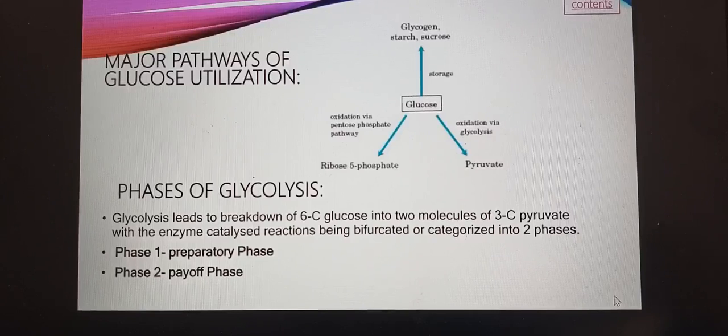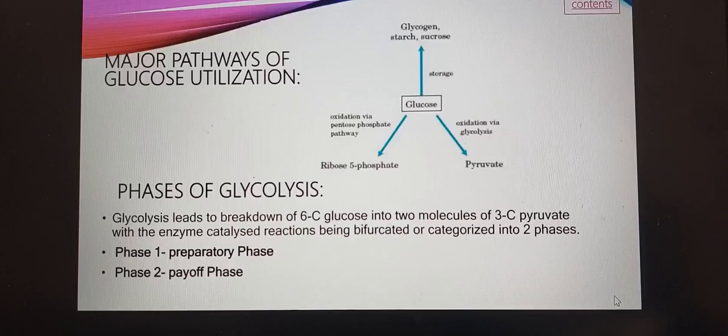The phases of glycolysis lead to the breakdown of 6-carbon glucose into molecules of 3-carbon pyruvate through enzyme-catalyzed reactions, categorized into 2 phases. So here it means that glucose consists of 6 carbons, and after glycolysis is performed, it breaks down into 2 molecules of 3-carbon pyruvate, with enzyme-catalyzed reactions.